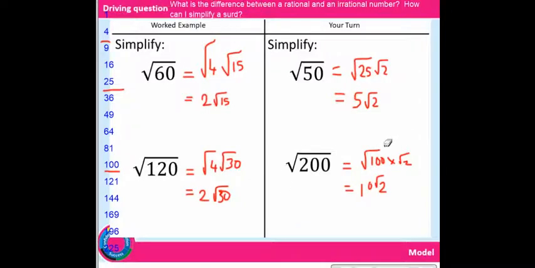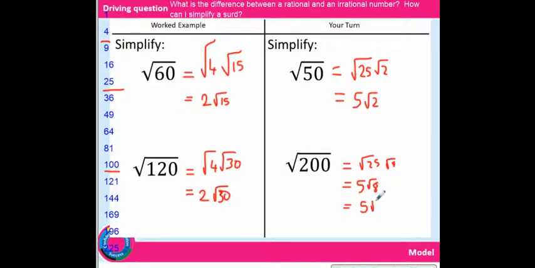However, you may not have got that answer straight away. You may have done this, which gives you the same answer. Let's say you did root 25, root 8. You may have got 5 root 8. Now, that's not the correct answer, but if you've got that far, hopefully you continue to simplify, because you saw that root 8 has factor 4.